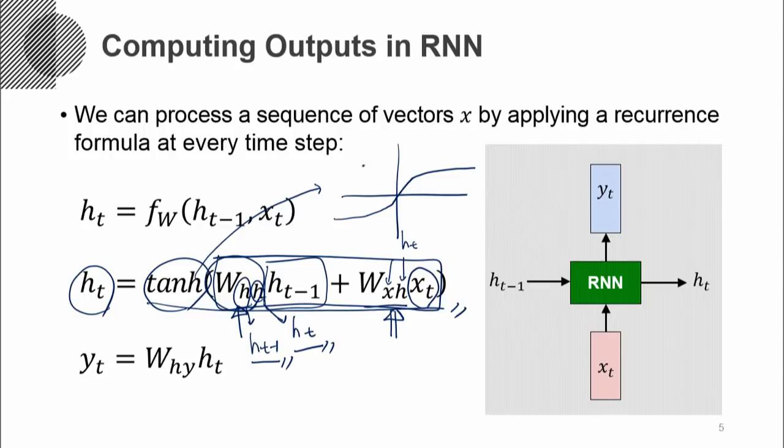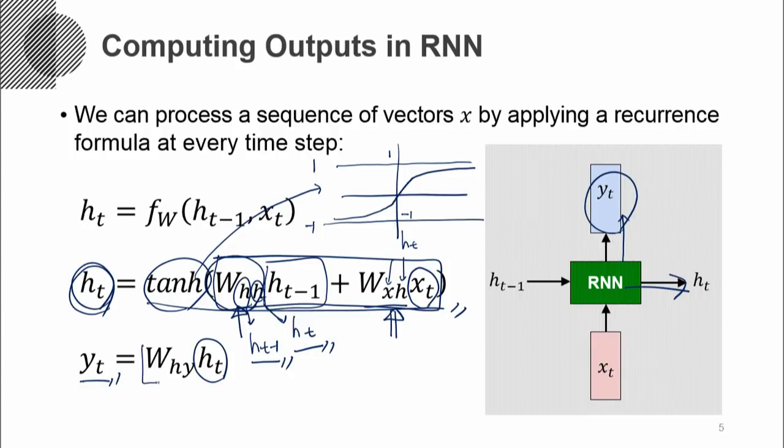and this tanh nonlinear unit will have this kind of shape where the minimum and maximum value is specified as -1 and 1, obtaining this h_t, which ranges from -1 to 1, and then it is transferred to the next time step's RNN module, and also it is used as an input to generate this output vector at the current time step, which is y_t. And the transformation used here is defined by this linear transformation of W_hy.